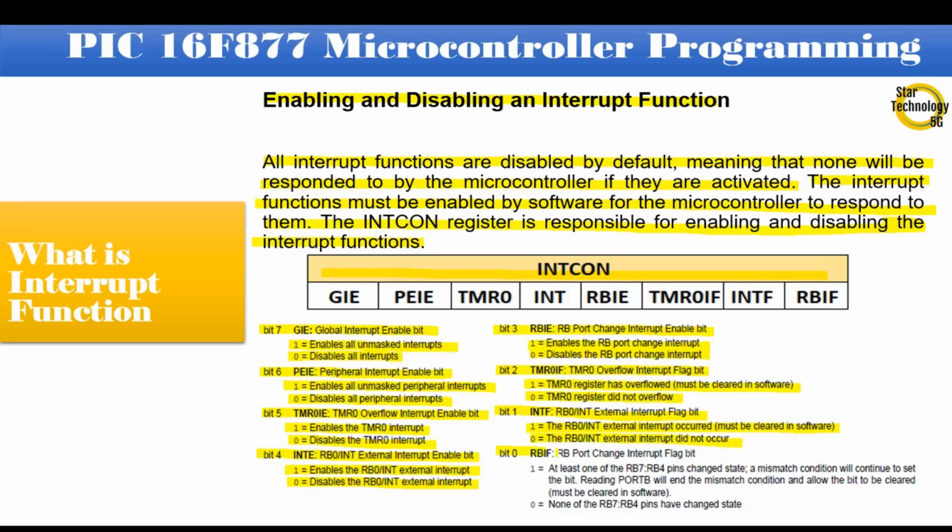Bit 0, RBIF, RB Port Change Interrupt Function Flag Bit. 1 means at least one of the RB7 to RB4 pins changed state; a mismatch condition will continue to set the bit. Reading port B will end the mismatch condition and allow the bit to be cleared. Must be cleared in software. 0 means none of the RB7 to RB4 pins have changed state.